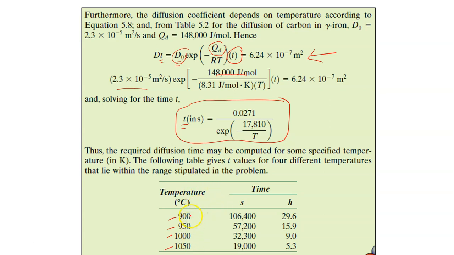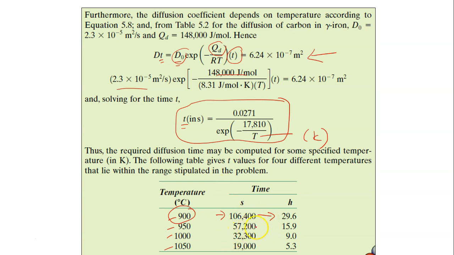So between the temperature of 900 to 1050, you can work out what is time by just substituting the value of temperature here. So please remember that the temperature must be in Kelvin. Okay, so this in Kelvin, just substitute the values inside. So you solve this, you will get your time in second, and you can convert your time to hour.